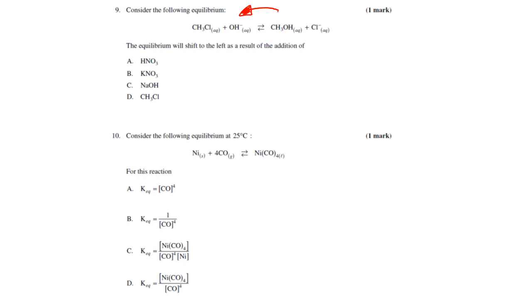So a lot of people will say, oh, I'm going to choose that one because that'll increase Cl minus. Well, you know what? This is not ionically bonded, so it will not make Cl minus ions when you put it into water. So that's not a right answer. Okay.